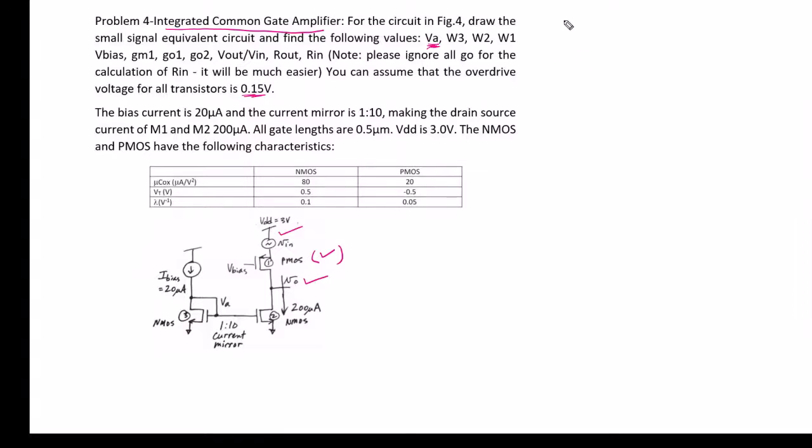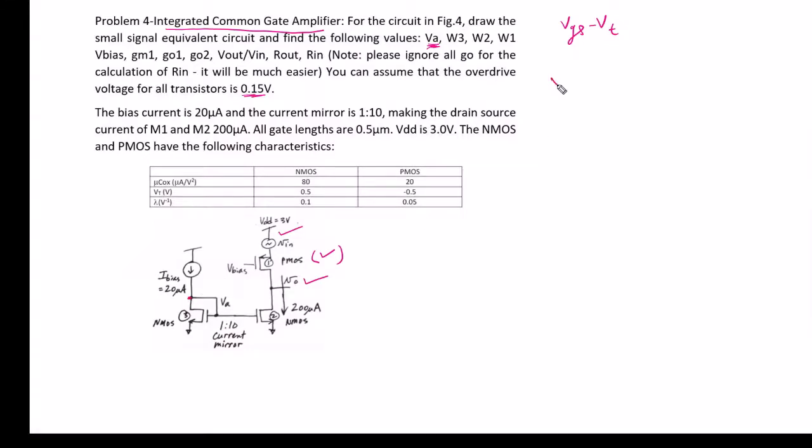The formula for overdrive voltage is VGS minus VT for both NMOS and PMOS transistors. Let's say we want to find this VA voltage. Then we can see the gate voltage and the drain voltage are the same for the third transistor.